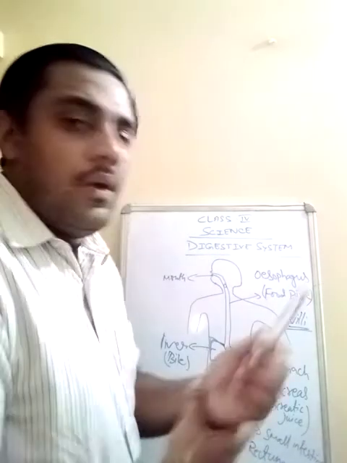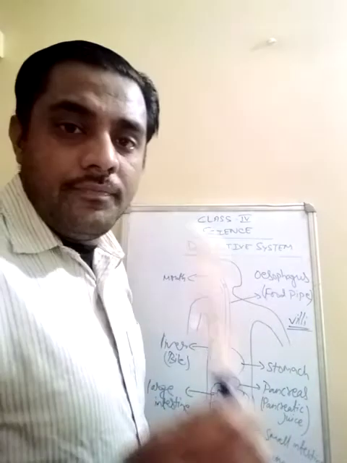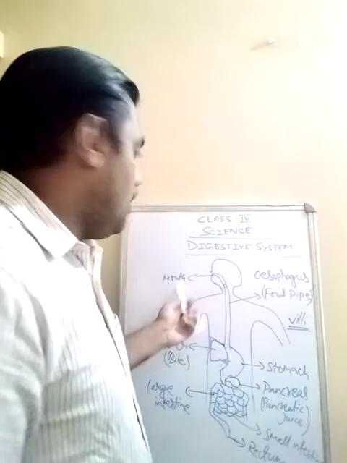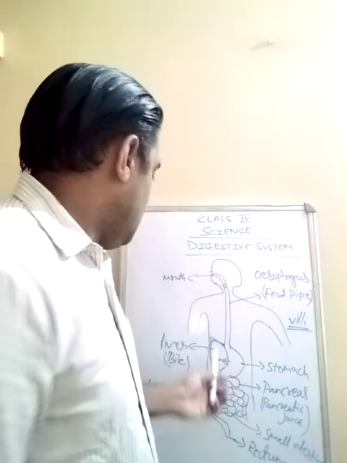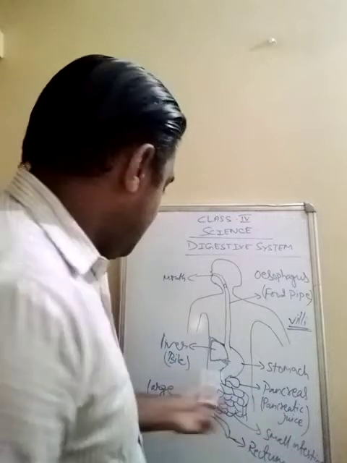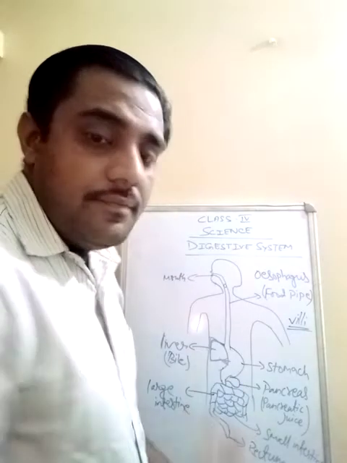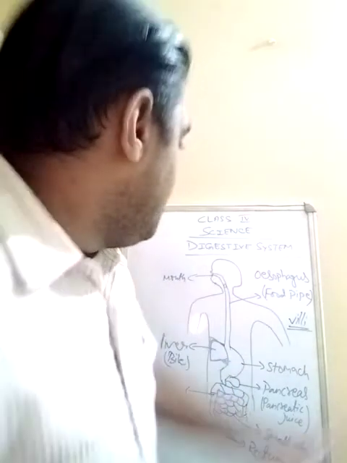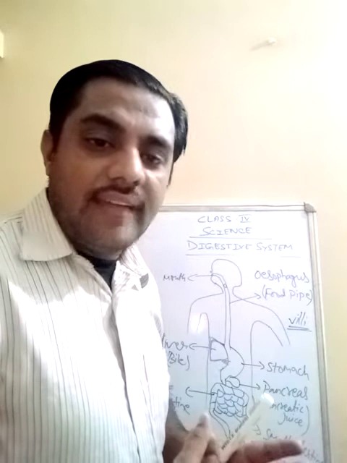So dear children, once again I would like to tell you this: the organs involved in digestive system are mouth, esophagus, that is food pipe, stomach, liver, pancreas, large intestine, small intestine, and rectum. With all this, whatever food we take in gets digested.